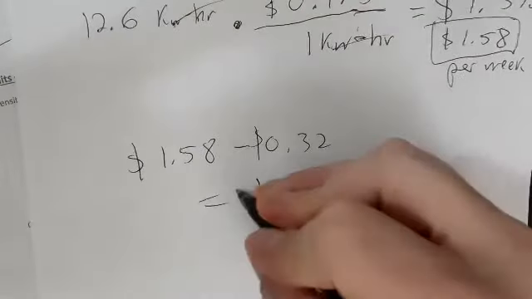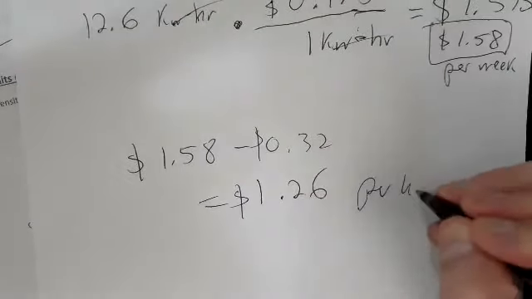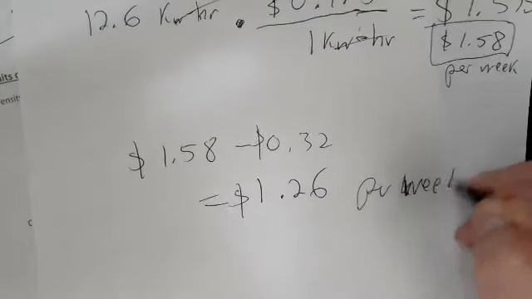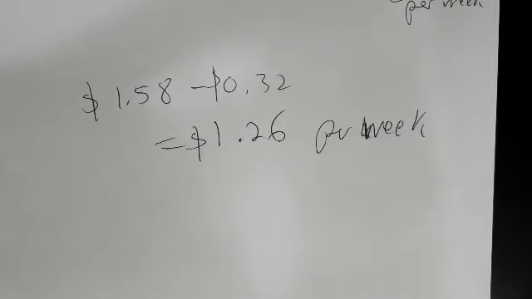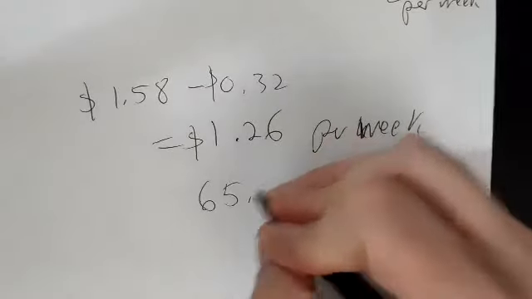So each week we're going to save this per week. If I want to know per year, there are 52 weeks in a year, so 52 times 1.26 should be giving me 65.52.